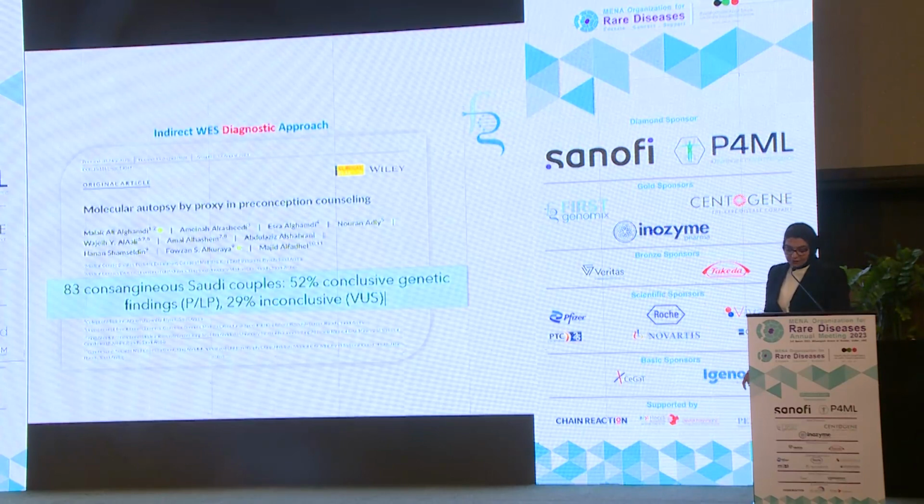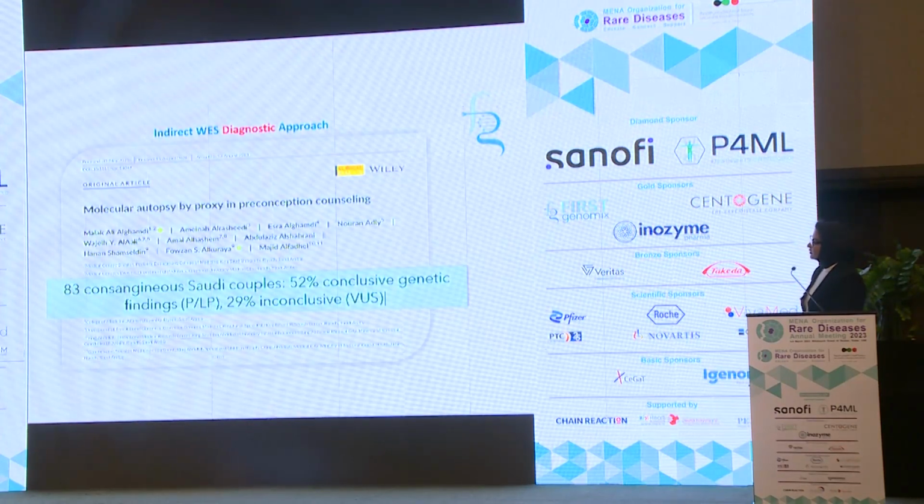So this very interesting study was done in Saudi Arabia, a collaboration between King Saud and King Faisal. They tested around 83 consanguineous Saudi couples, where the couples lost at least one offspring, whether in utero or in the neonatal period.